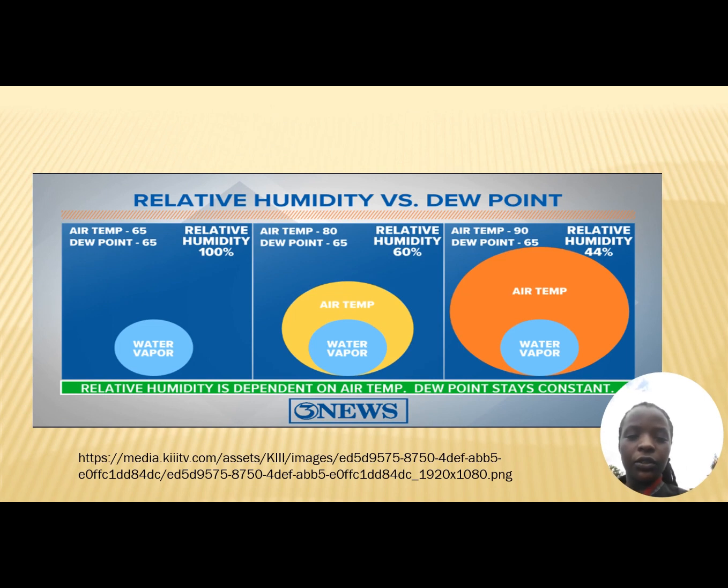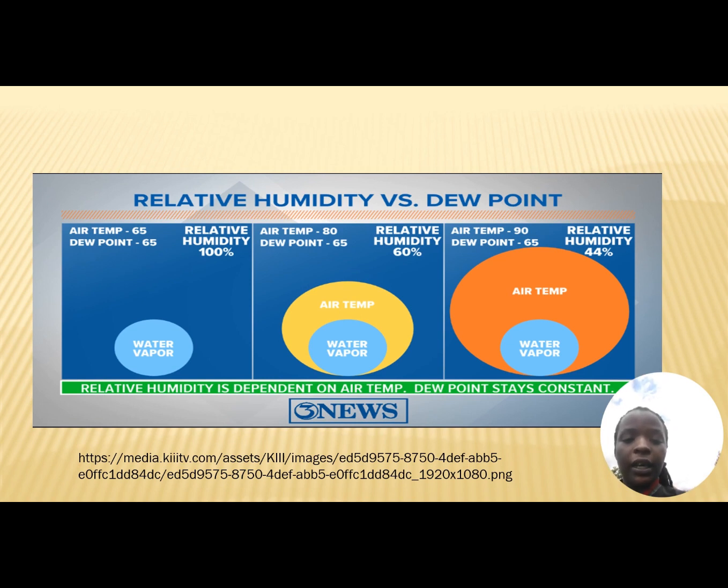Here there is an illustration that shows the relationship between relative humidity and the dew point. When air temperature is 65 and dew point is 65, the relative humidity is 100%, which means that there is water vapor only.